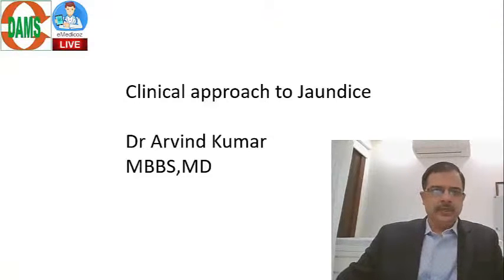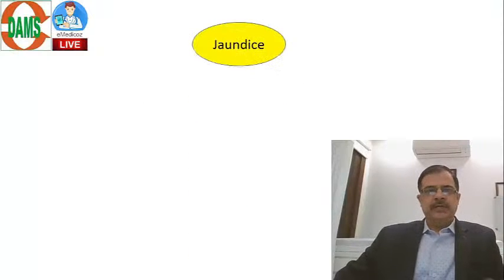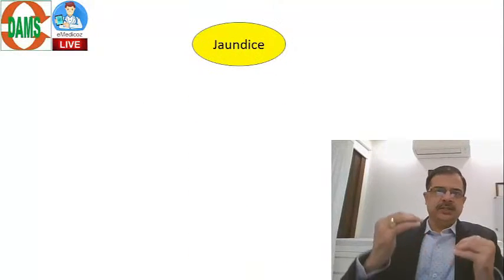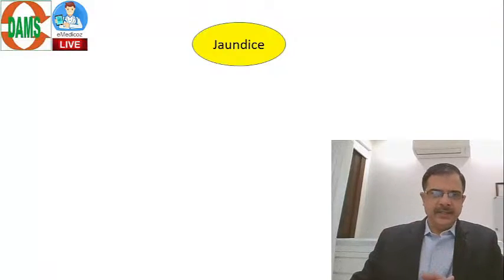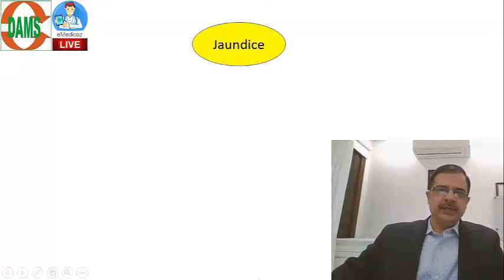All right. So coming to the clinical approach to a case of jaundice. We all know that jaundice will be seen in the sclera, and icterus will be there. The level of bilirubin which causes this clinical syndrome of jaundice is more than 2.5 milligrams per deciliter.